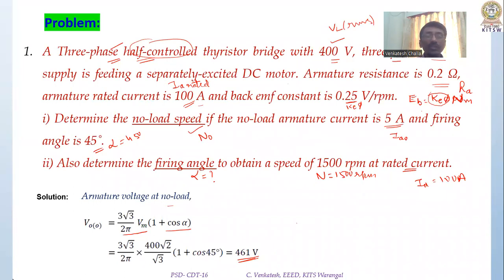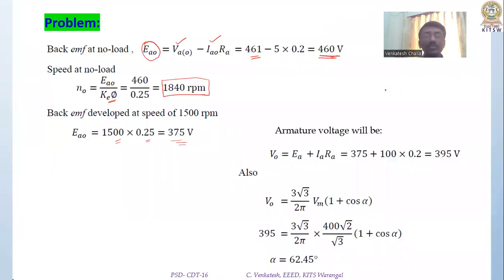Also determine the firing angle to obtain a speed of 1500 RPM at rated current. So at rated current, if the speed is this, what is the firing angle? As the speed is 1500 RPM at rated current, we have to find the back EMF at this condition, which is 375 volts. From that we can find Va average as 395, that is nothing but Ea plus Ia Ra.